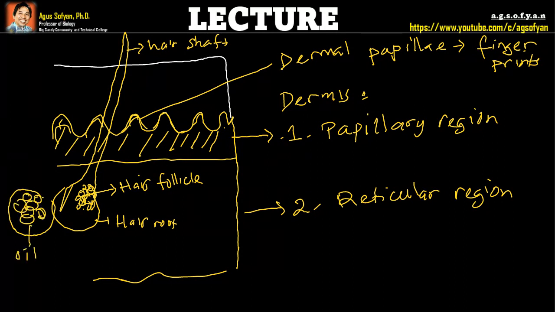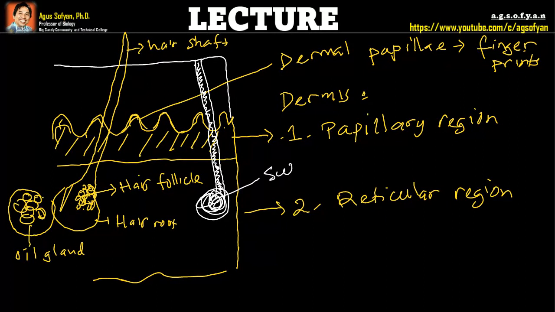So there will be oil glands in this reticular region. And there will also be another gland in the reticular regions, which is the sweat gland. And the sweat gland will have a channel, or called the duct, that will release the sweat to the outside of our body.